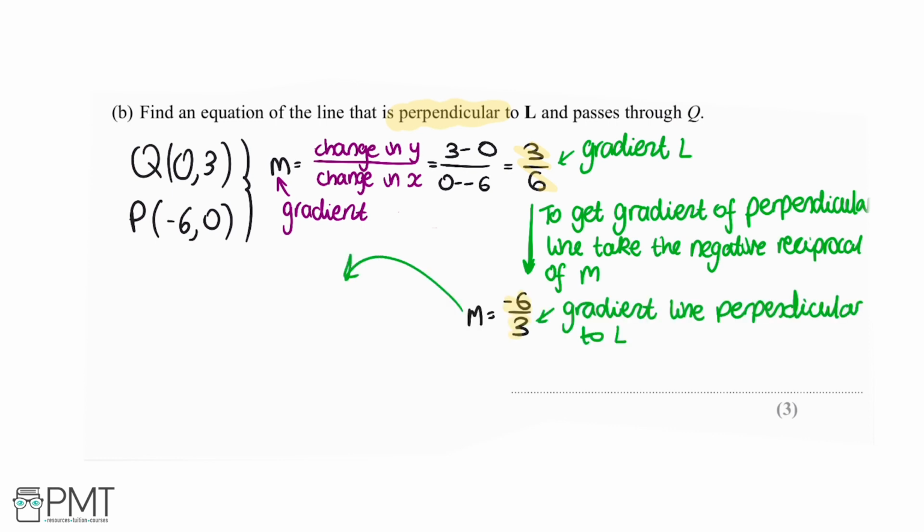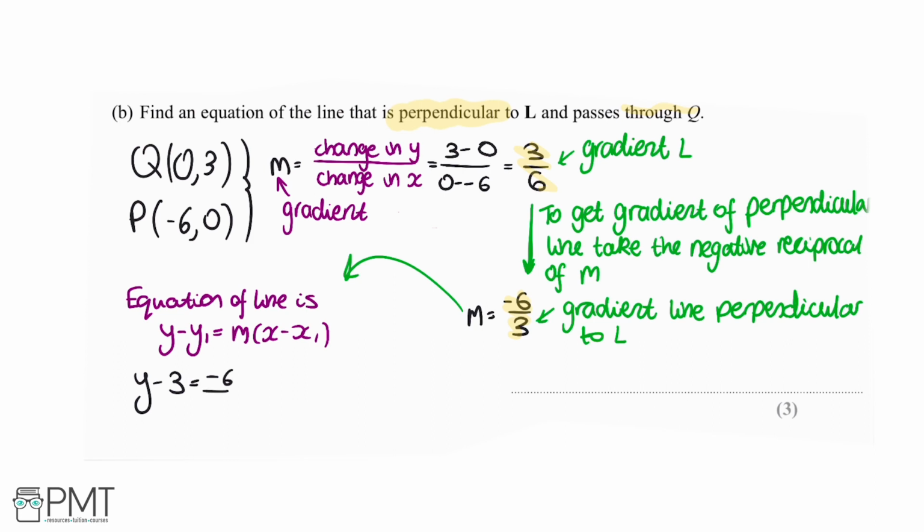Now let's work out the equation of the whole line. The equation of a line is y minus y1 equals m multiplied by x minus x1. We're told that our line should pass through the point Q, and we know the coordinates of Q, so we've got all we need. We have y minus the y value of Q, which is 3, equals m, which is minus 6 over 3, multiplied by x minus the x value of Q, minus 0.